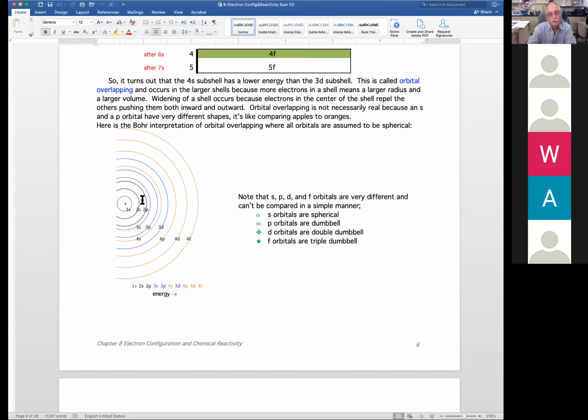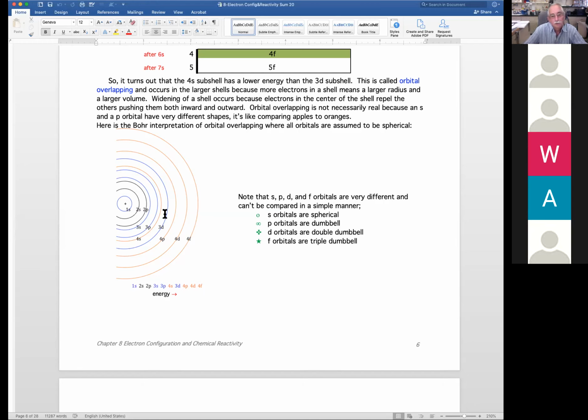So it turns out that shell number 2 is split into 2 subshells. And shell number 3 that I put in blue is split into 3 subshells. There's more electrons in there. It's going to take up a larger volume, right?